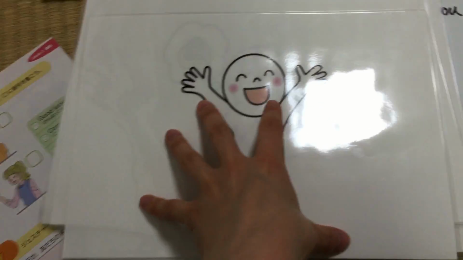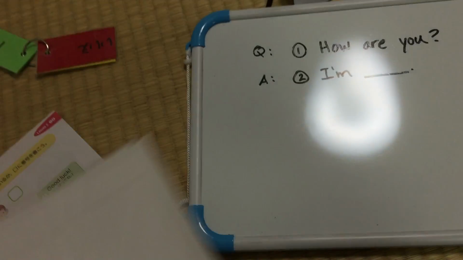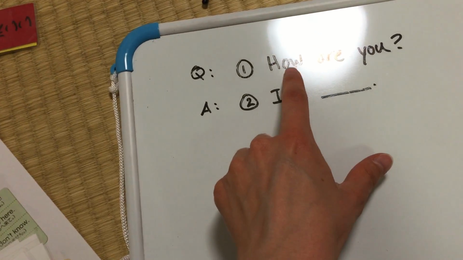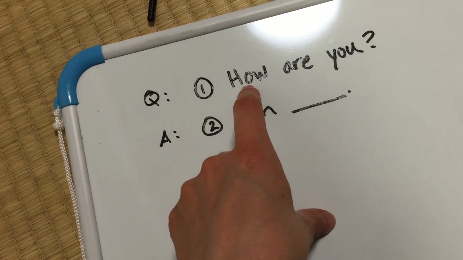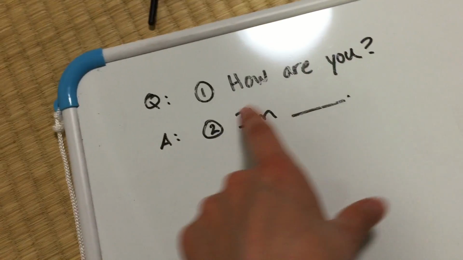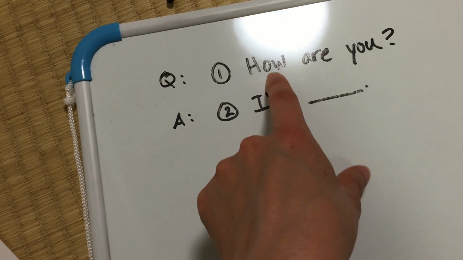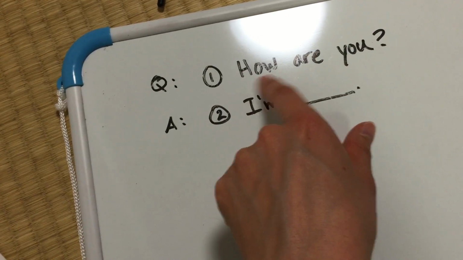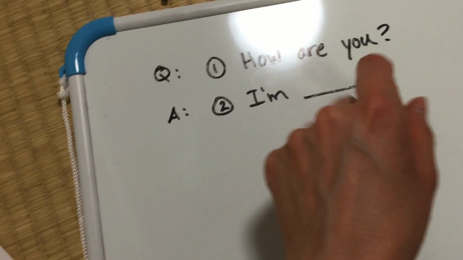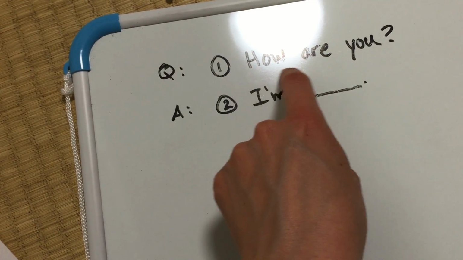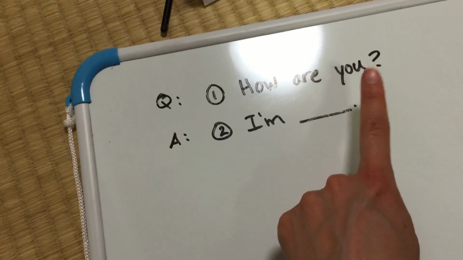Once I've gone through this, I go to the board and write down, how are you? And I get the kids to translate it to Japanese. If they can't do it, I get the Japanese teacher to do it, and then I do it in English. I get them to repeat me, how are you? And I show them that when they say this, you is going to be higher toned because it's a question.